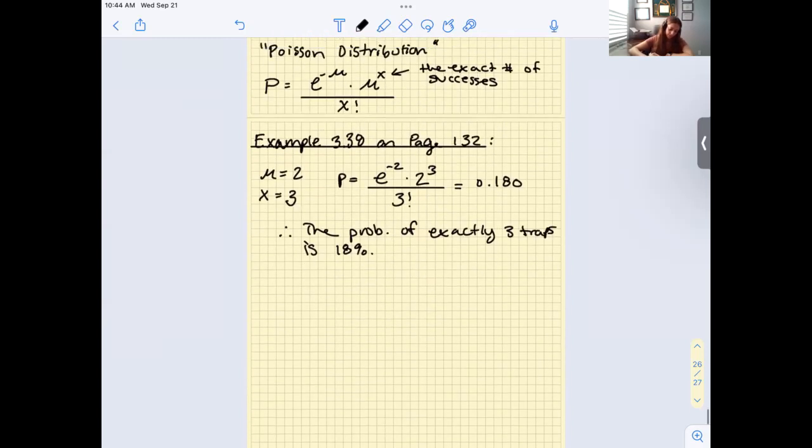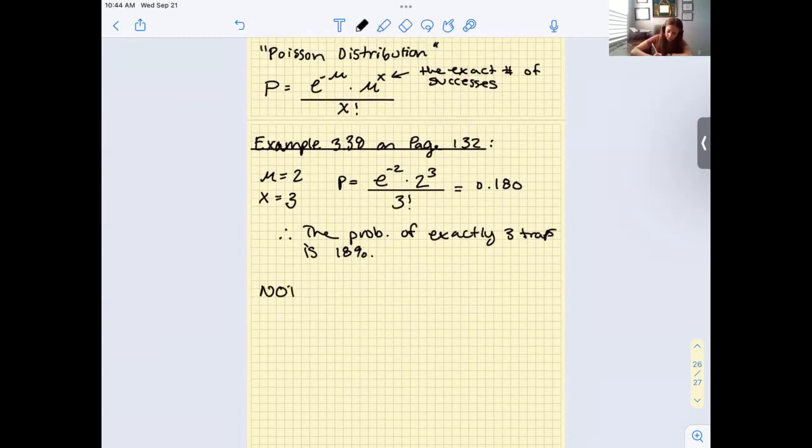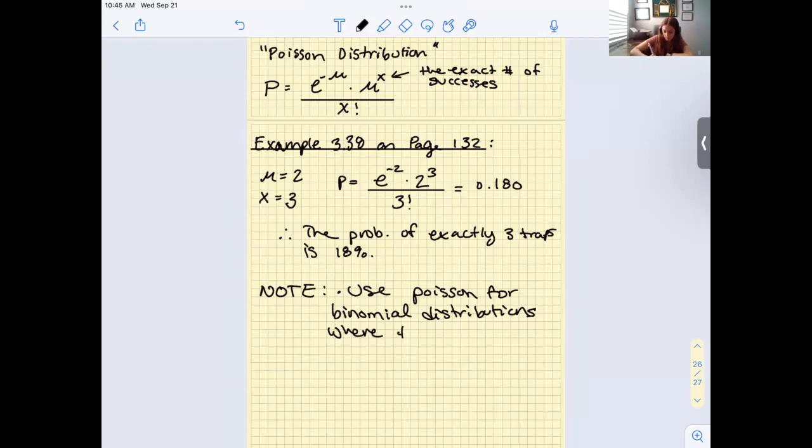So here are some notes about when to use Poisson distribution. Use Poisson for binomial distributions where the following are true.